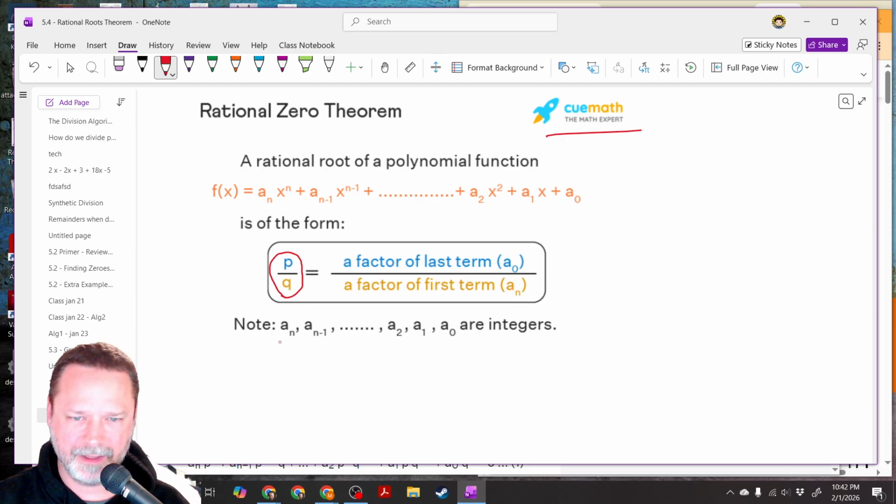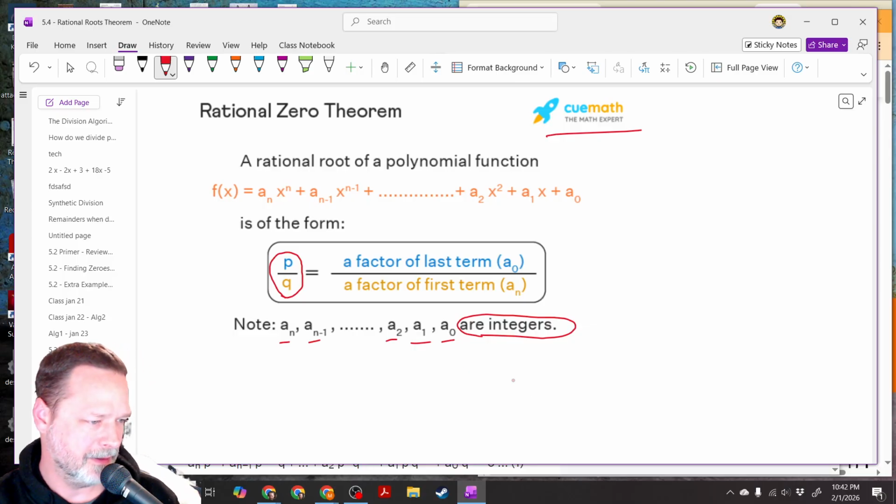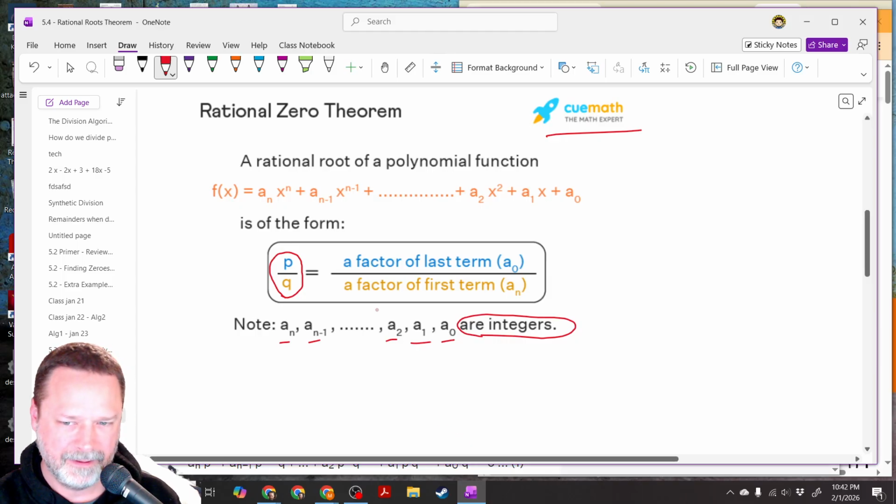And something we've got to note is that all the coefficients in our polynomial are integers. Otherwise, this little theorem doesn't work. So that is a requirement of this theorem. Okay.